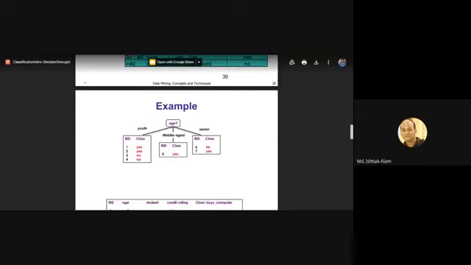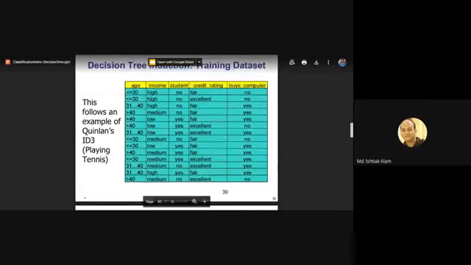Did you get it? Now you may ask, okay, I understand that for middle-aged it will not extend, and for youth it will extend. But for youth, which one will be the root node here? Which attribute? Age I already got, but there are other attributes: income, student, credit rating.